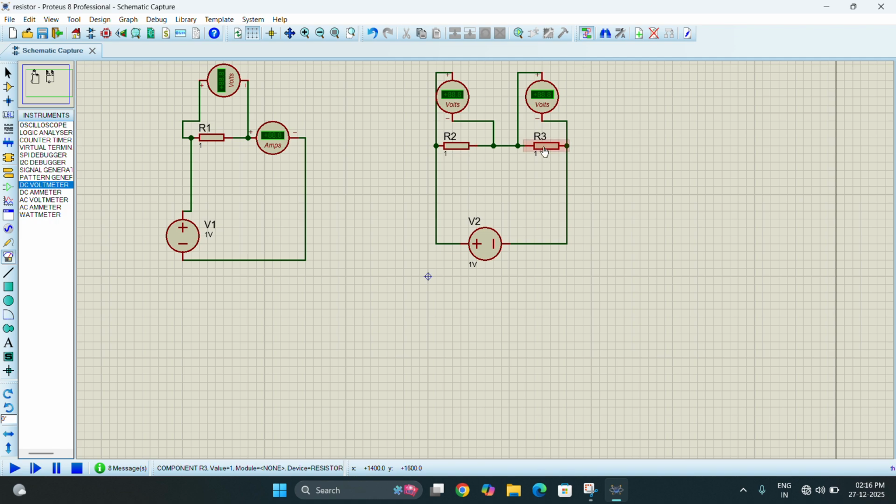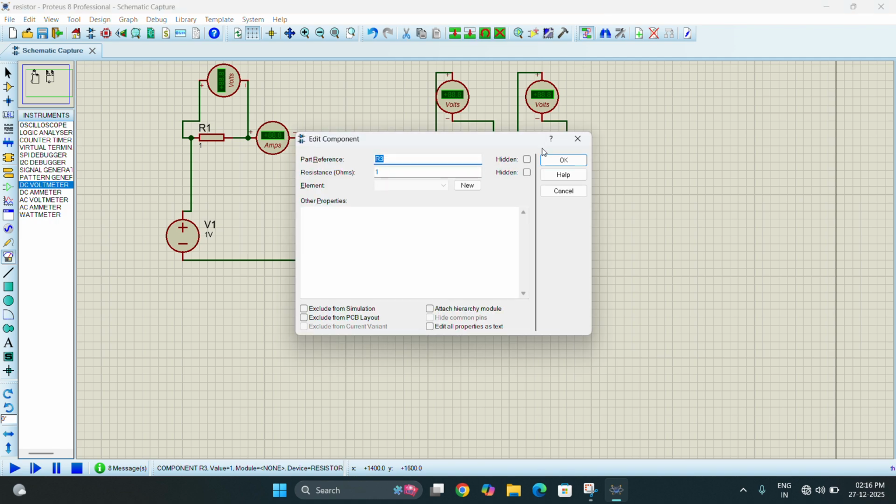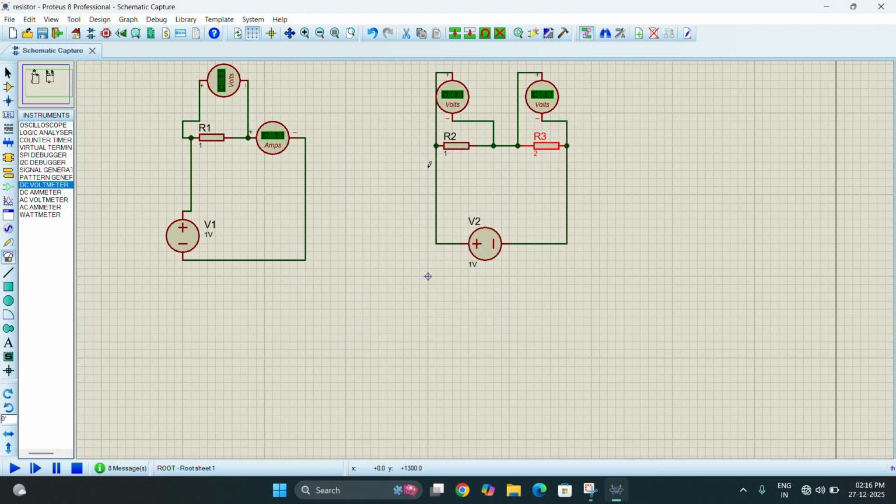Now to verify that rule, we will make this R3 as 2. Now we will use that formula directly. We want to find the voltage across R3. So VR3 is equal to the total voltage 1 into the R3 value 2 divided by the total resistance, that is 1 plus 2.